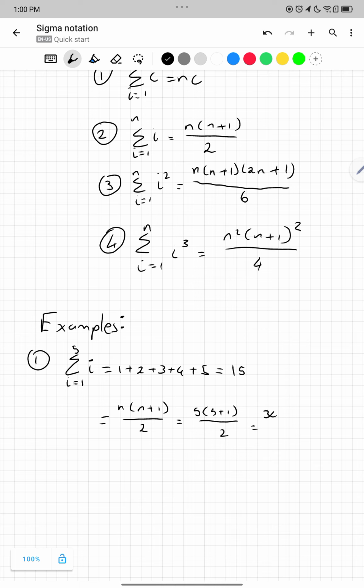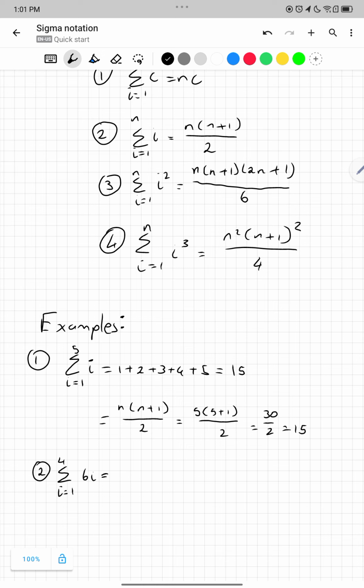We get 30 all over 2. We get 15. See, the formula also works. But if you don't trust it, go the long route. But sometimes it will take you a lot of time when you're writing a test. It's not really ideal.